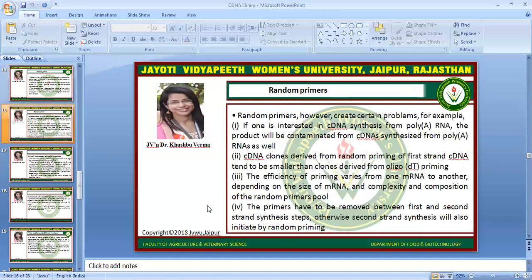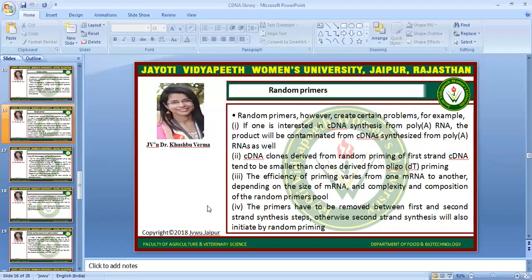Random primers, however, create certain problems. For example, if one is interested in cDNA synthesis from poly-A RNA, the product will be contaminated with cDNA synthesized from non-poly-A RNA as well. And cDNA clones derived from random priming of first strand cDNA tend to be smaller than clones derived from oligo-dT priming, because the primers can bind to the internal region of the RNA, so it will create a shortened length of the first strand cDNA.